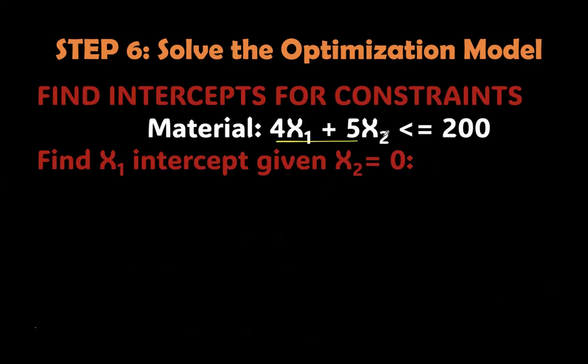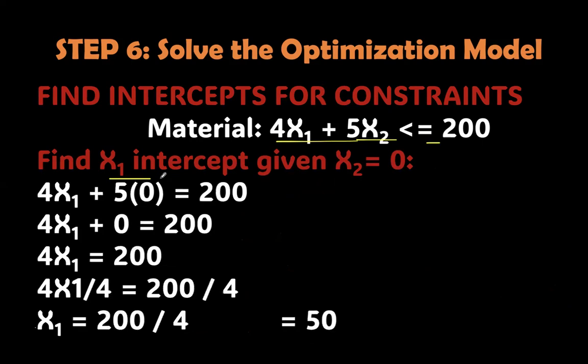So for the material constraint, it will be the same thing: 4x sub 1 plus 5x sub 2 equals 200. Now we need to find the x sub 1 intercept, given that x sub 2 is equal to 0. You have to apply the same approach.